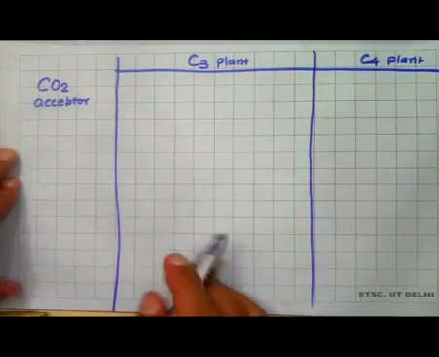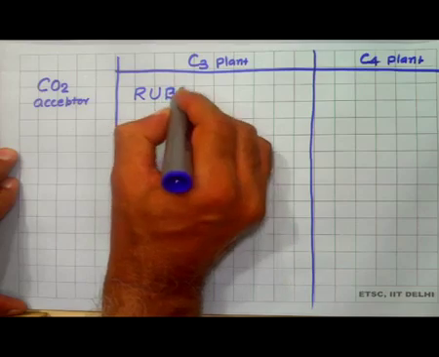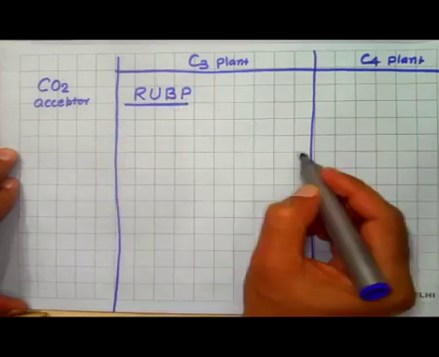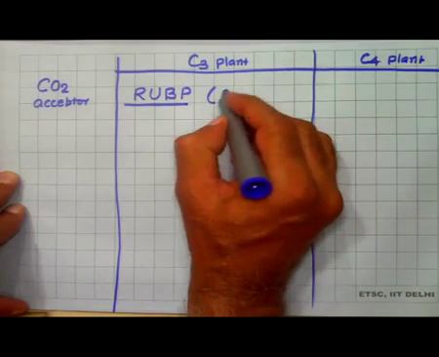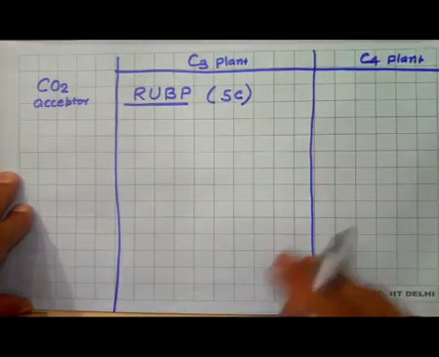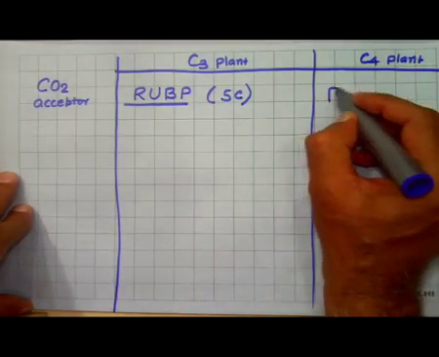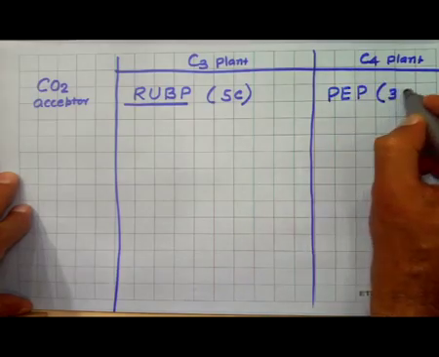In C3 the CO2 acceptor is RuBP, ribulose 1,5 bisphosphate, which is a 5 carbon compound, but in case of C4 it is PEP, phosphoenol pyruvate, which is a 3 carbon compound.